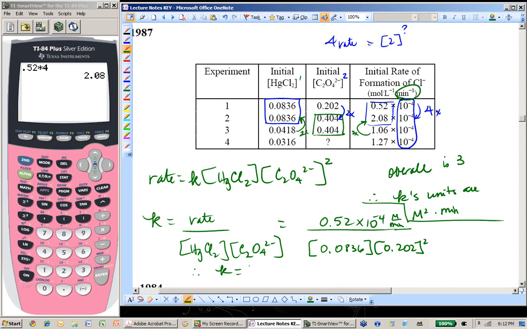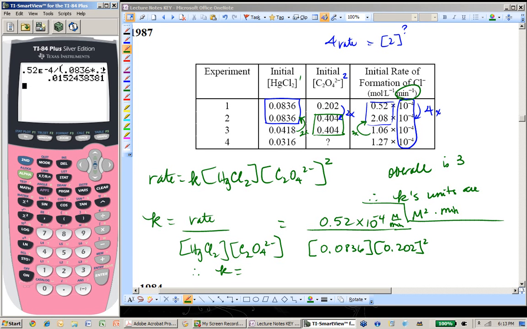Therefore, K equals, clear my calculator screen, 0.52 second EE minus 4 divided by, open a paren, 0.0836 times 0.202, quantity squared, I love the x squared button, close the paren, equals 0.15.